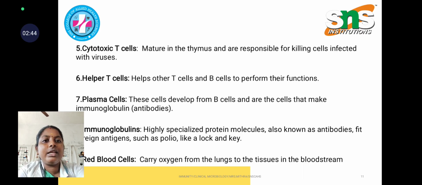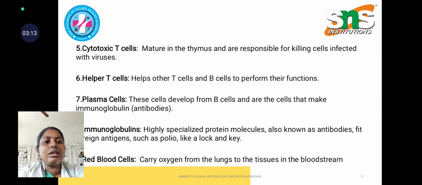Majorly, T cells are of two types, TH cells and TC cells, where TH stands for helper T cells and TC stands for cytotoxic T cells. Cytotoxic means cyto, cells, toxic, kill. So any type of antigen cell is killed by the cytotoxic T cells.